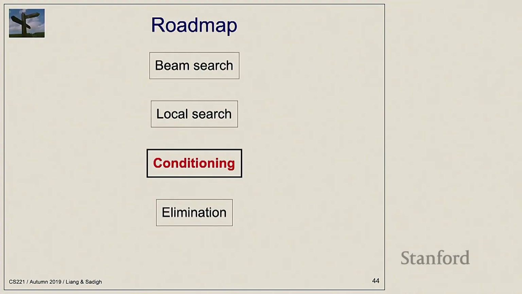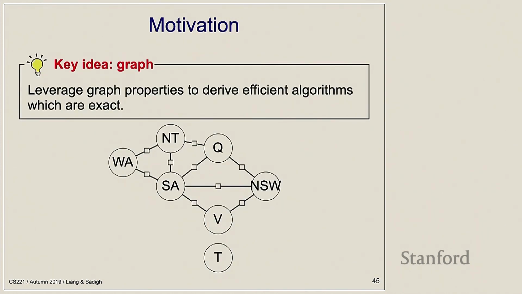And now we're going to look at 2 ways to solve these kinds of problems by actually changing the structure of the graph itself. So our motivation comes from Australia. Tasmania. That is the motivation. So Tasmania, if you remember, was completely disconnected, right?